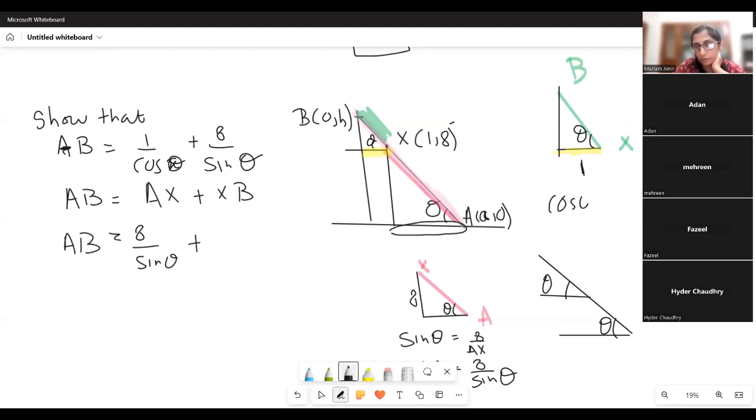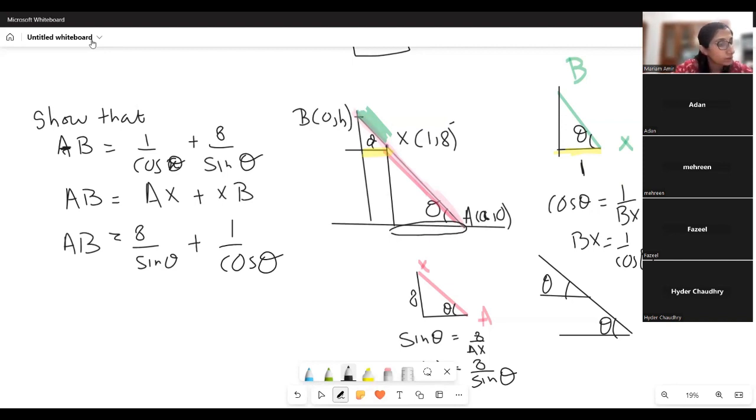Cos theta is equal to 1 over XB. So XB equals 1 over cos theta. So replace XB with 1 over cos. So we've shown that AB equals 8 over sine theta plus 1 over cos theta.